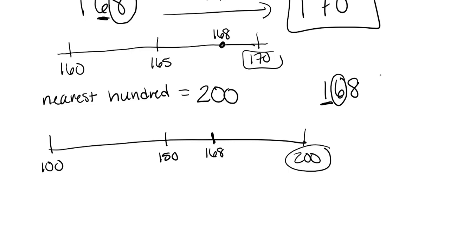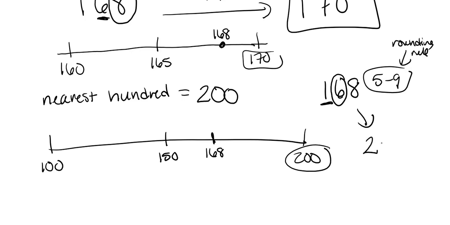Because 6 is between 5 to 9, we're going to add 1. If it's between 0 to 4, we would have kept it at 1. So we round it to 200. The nearest 100 is 200.